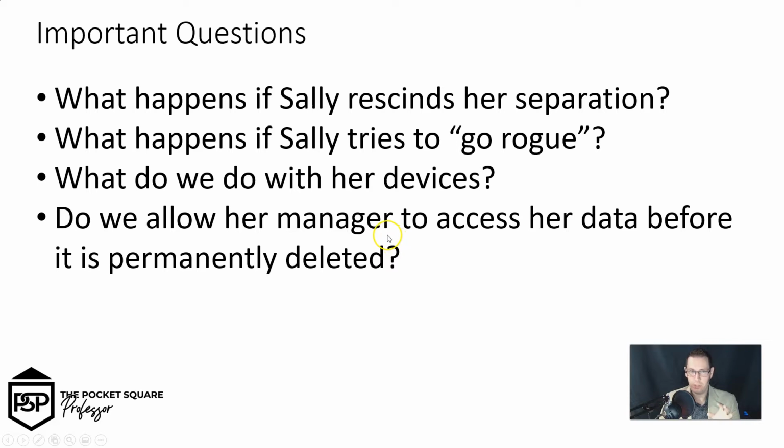These are all questions that we have to have answers to because these are modern types of questions. This happens a lot. What happens in these types of scenarios? These are just questions, and I'm sure there's probably 100 other questions that we can ask too, but these are the most common ones that I get from my customers: what do we do with the data, and all of this?